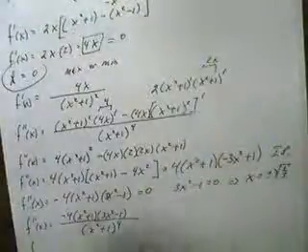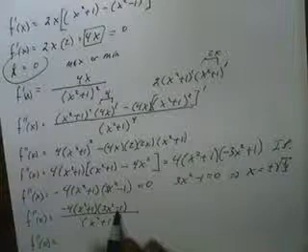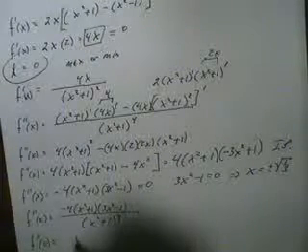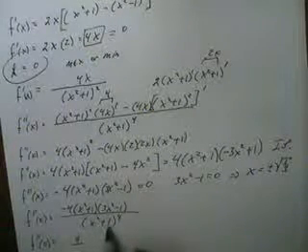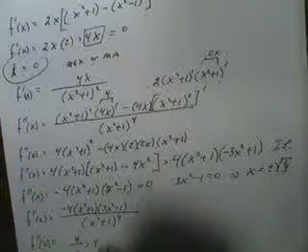All right, so let's put the 0 in there. We'll get 0 here and get 1, 0 here, get negative 1. So 1 times negative 1 is negative 1 times negative 4, which is positive 4. And then 0 here will give me 1. So it'll give me 4. So this is positive, which means that x equals 0 is a min.